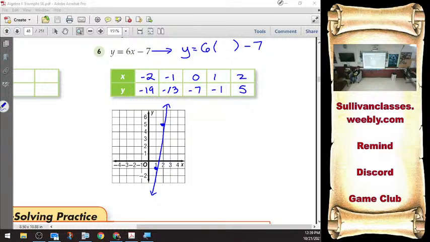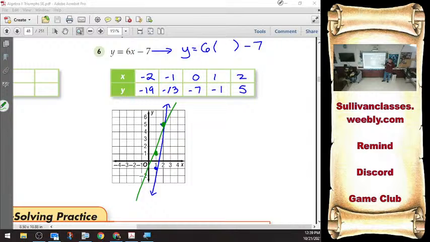Now, we run a risk with this. Dylan, we goofed a negative, right? So Dylan had this point, but then we just missed a negative and had this point. Dylan's line would have been a little bit off. That's why if we can, we want 3 points.